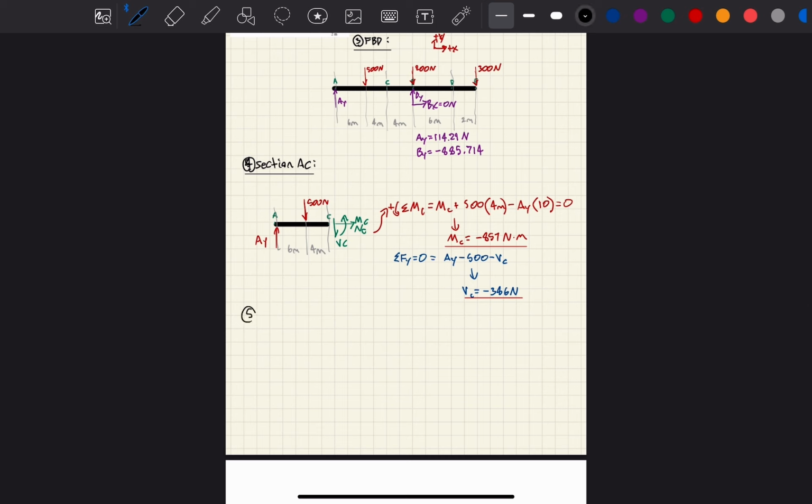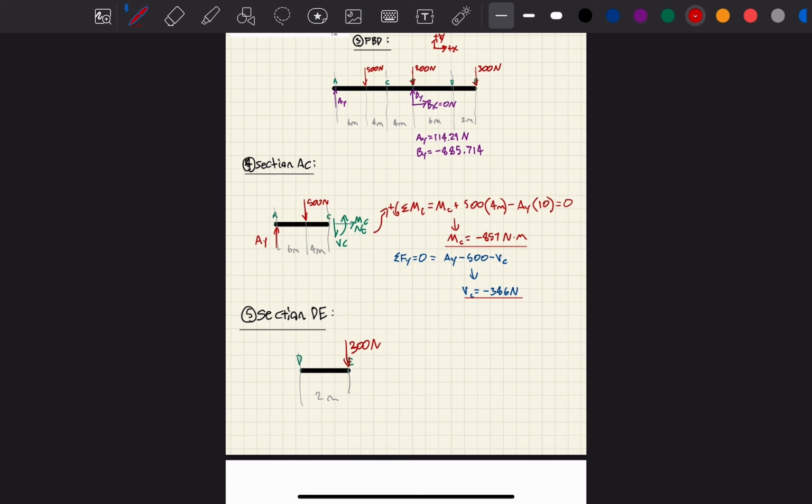Okay, now we can just do the last section, section DE, and we're going to do the exact same thing. We have point E right here, and this is point D. We have this entire section being 2 meters, and this force right here being 300 newtons.